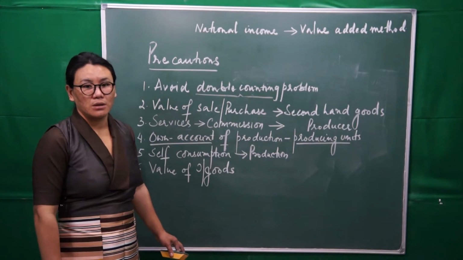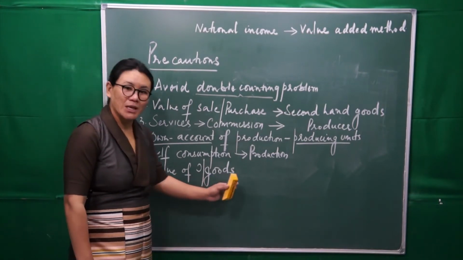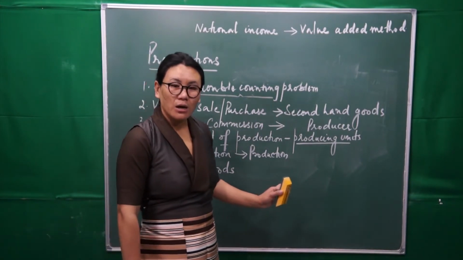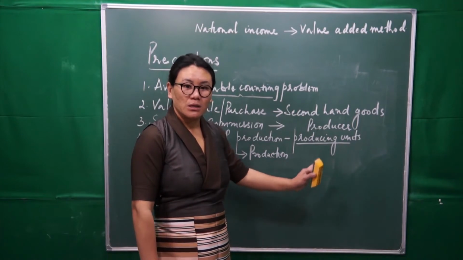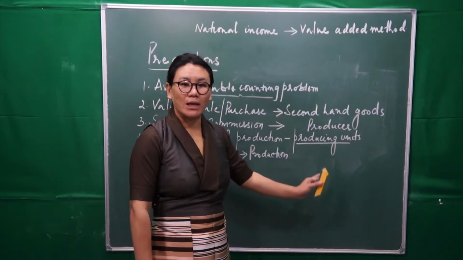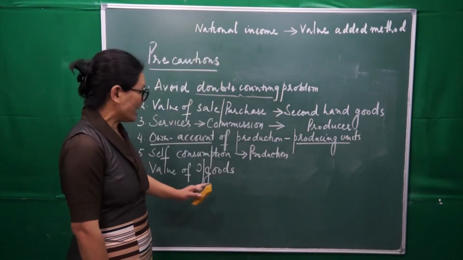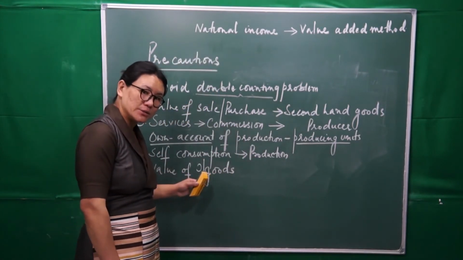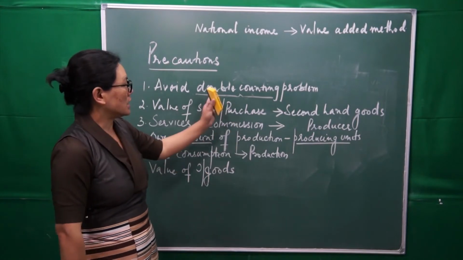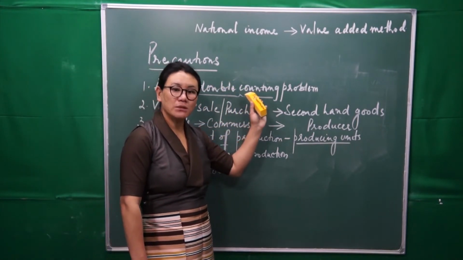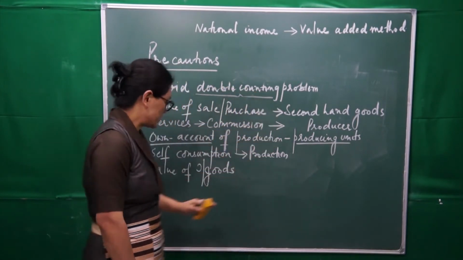Why? Because the value of such things is already reflected in the value of final goods. So again, if we are adding this, then it will lead to a double counting problem. Right?